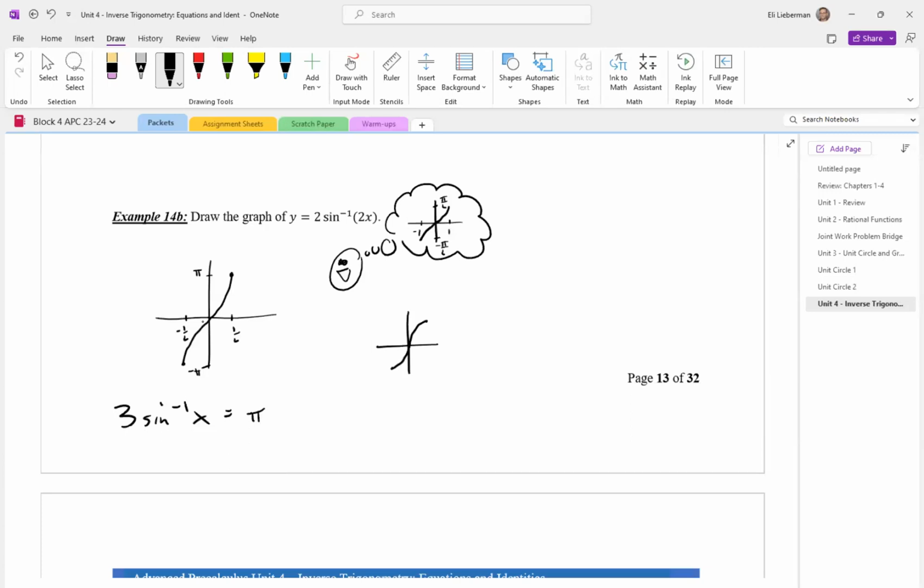The first step is to divide by 3. So we get sine inverse of x equals pi over 3. For those of you who like to use intuition, you can go ahead and do that. Don't forget what this x value means.